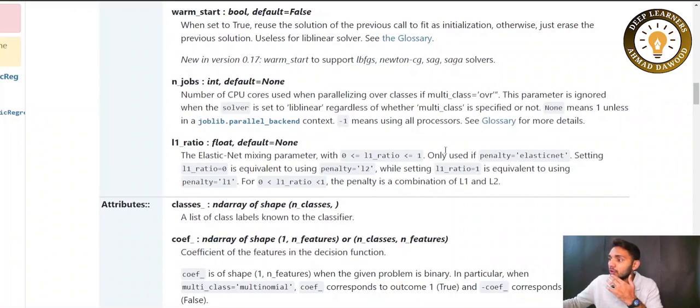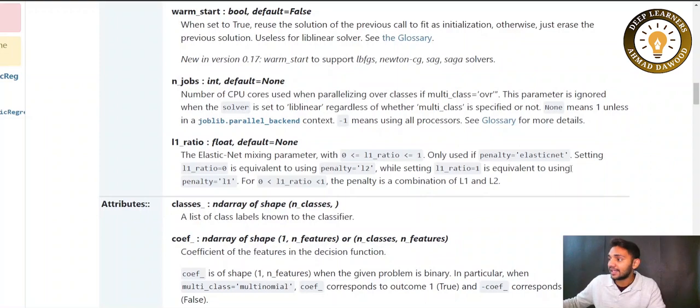It is only used if penalty is equal to elastic net. Setting l1_ratio equal to 0 means we want to use penalty L2. If we make l1_ratio equal to 1, it means we are interested in penalty L1. But we will not actually do that, because if we want to use L1 or L2, we can mention it ourselves.